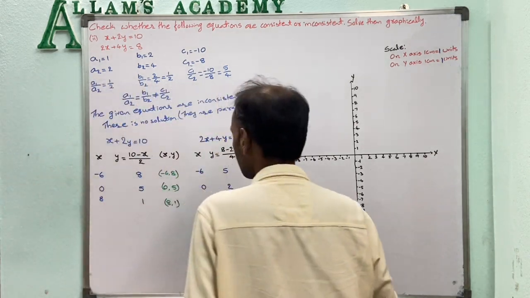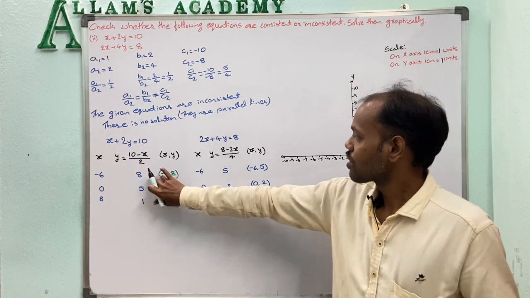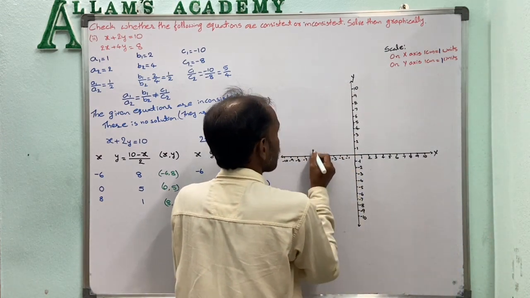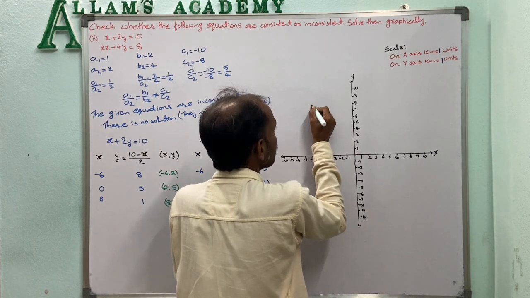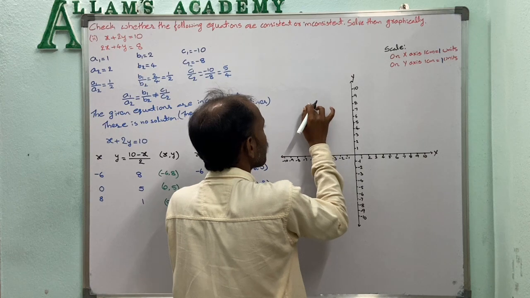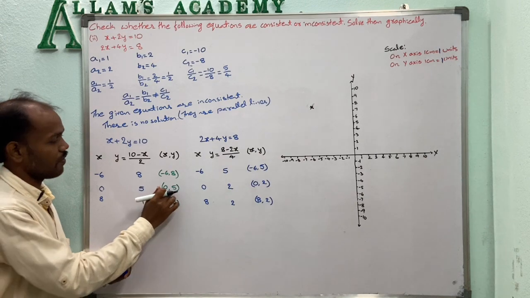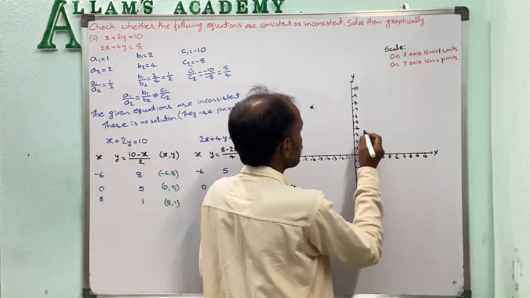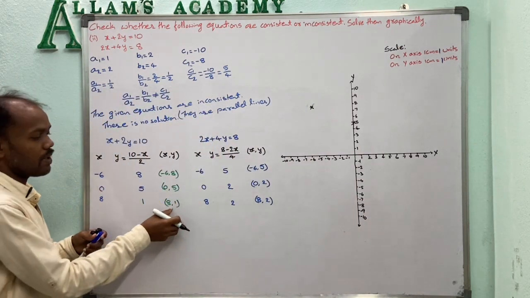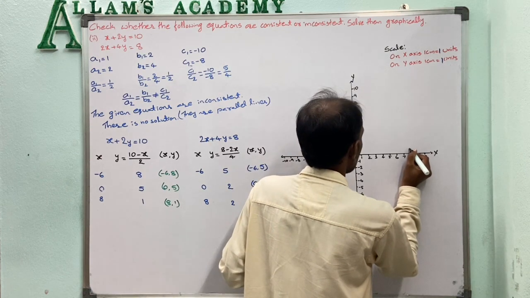Now if we look at the points on the graph, for minus 6 the corresponding y coordinate is 8. For 0 the corresponding y coordinate is 5. For 8 the corresponding y coordinate is 1.